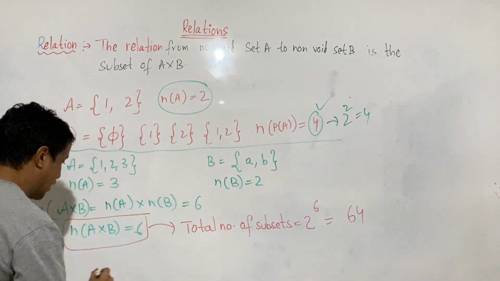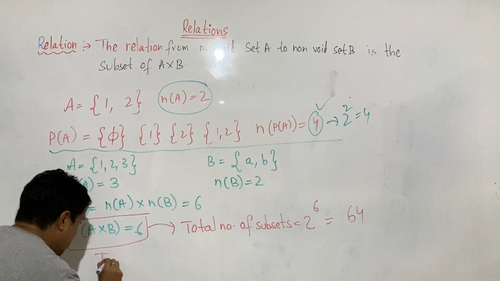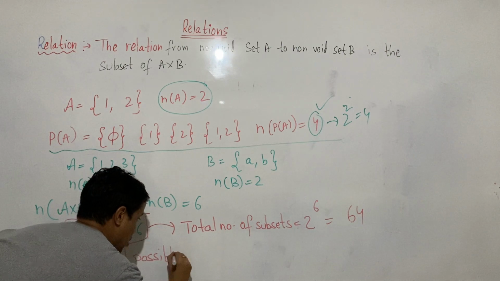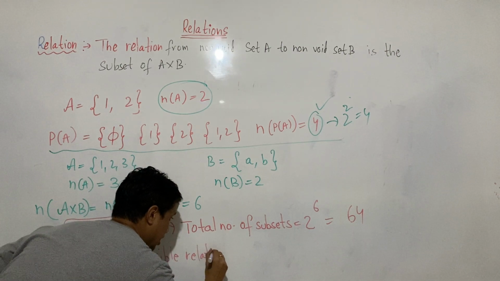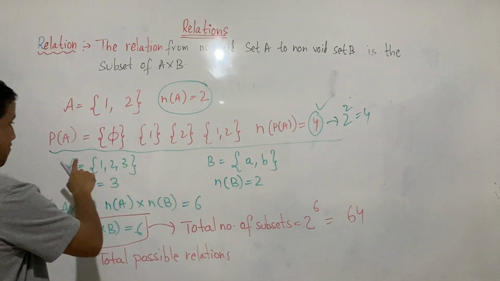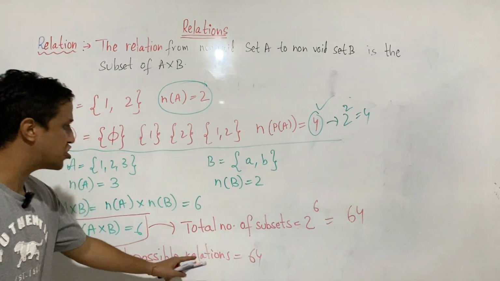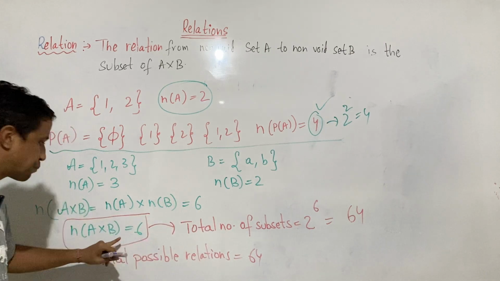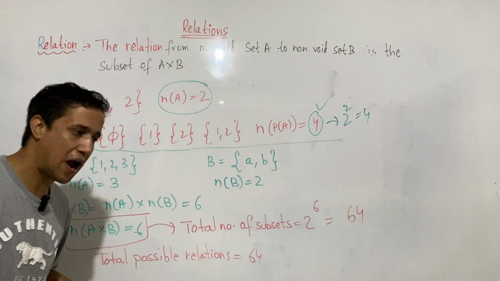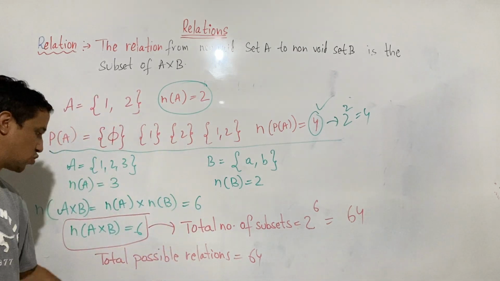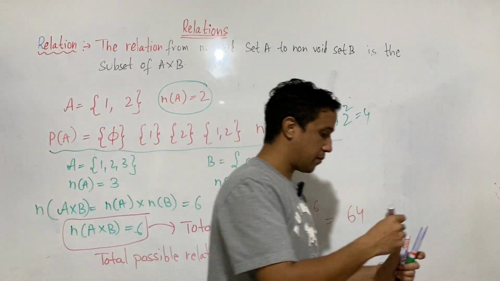So from here you can say that the total possible relations from set A to set B is 64, because a relation means a subset of A cross B, and we know how to find the total number of subsets, which gives us the possible number of relations.